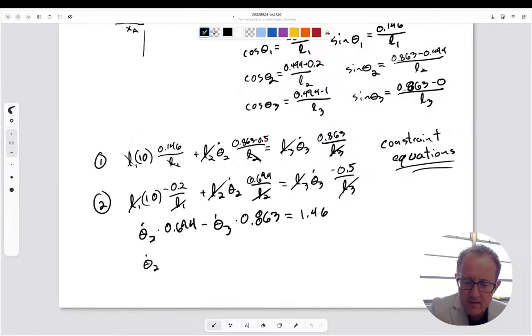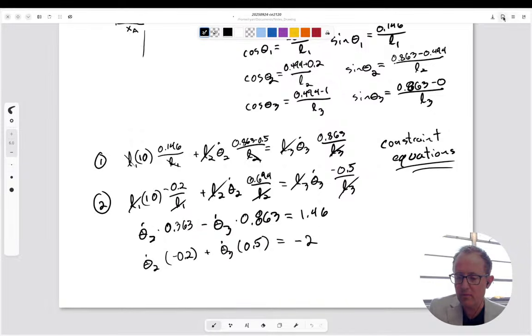This should be a 0.363. And definitely check my math, right? Because I'm doing it here on the fly. And now this one is times a negative 0.2. Then I'm going to subtract or add this theta 3 dot times 0.5. And all that's equal to 10 times negative 0.2, so negative 2.